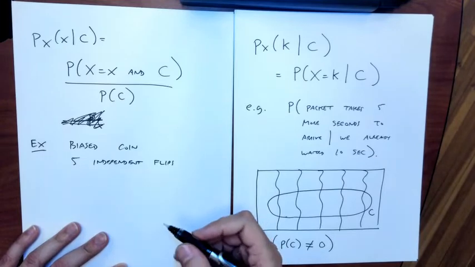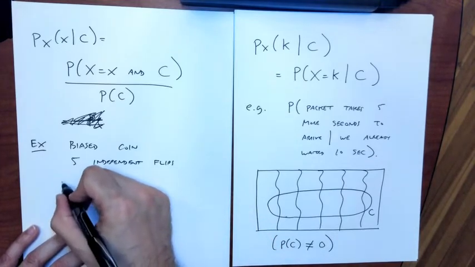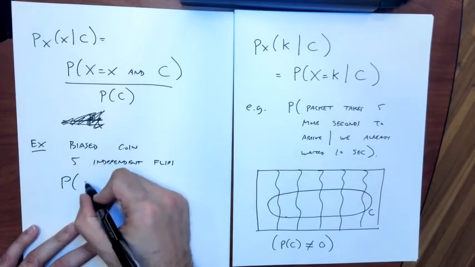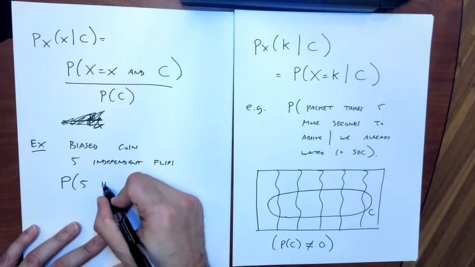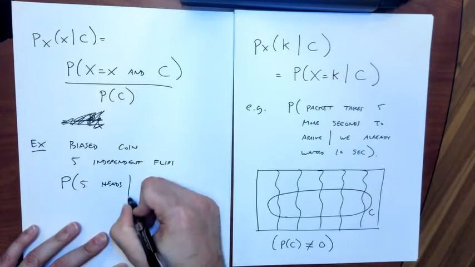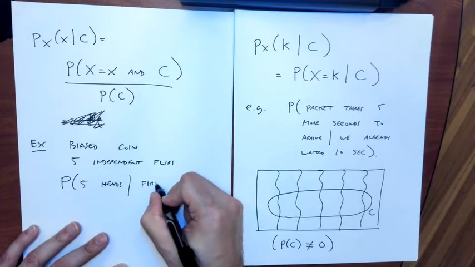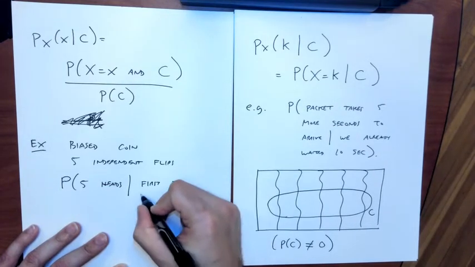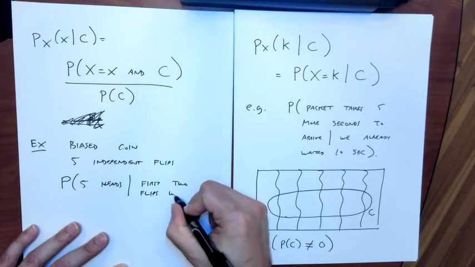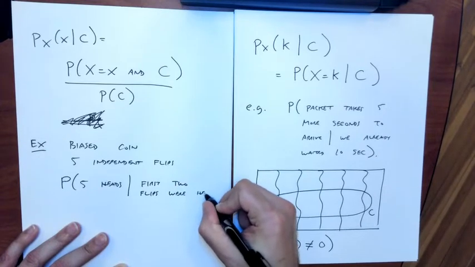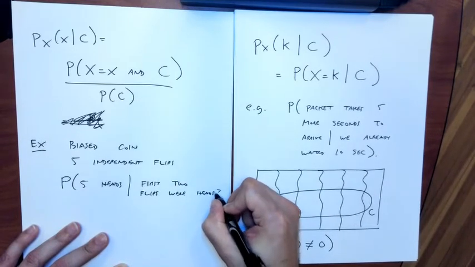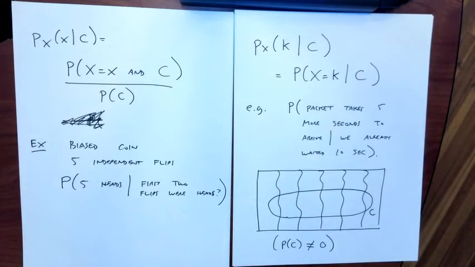And then I could ask something like, what's the probability that I got 5 heads given that the first 2 flips were heads? Okay, so I can ask that question.